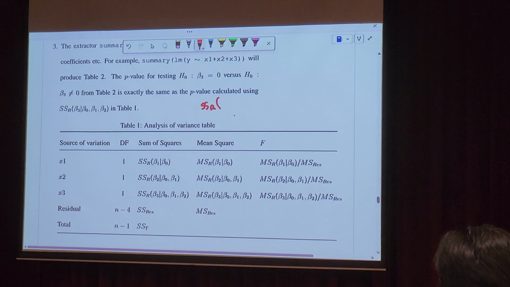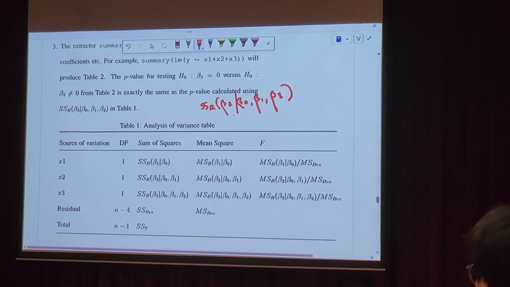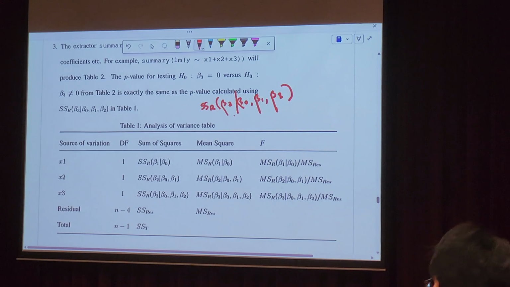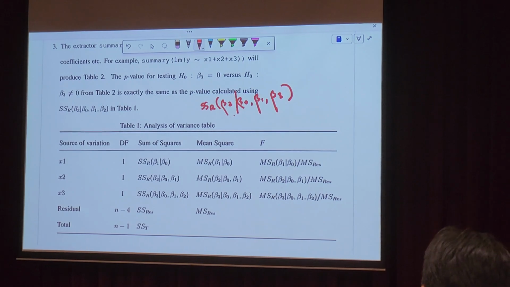I want to test the contribution of x2 after I've accounted for x1 and x3. So how do I do that? There's a very simple way.